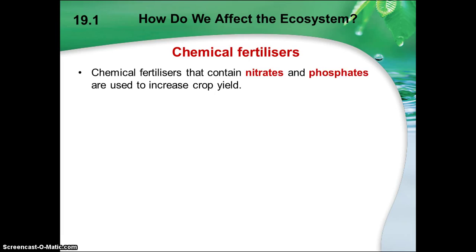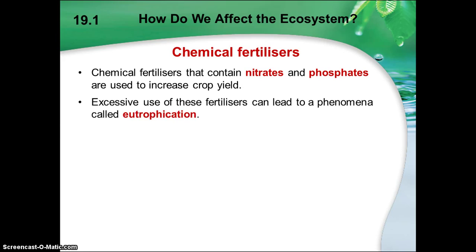Chemical fertilizers that contain nitrates and phosphates are usually used to increase the crop yield. But if used excessively, they can lead to a condition we call eutrophication. Eutrophication occurs when excess fertilizers are washed into the water bodies.